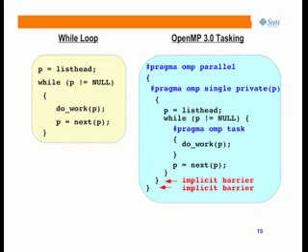That's why we have the single directive, so only one thread is actually doing the traversal, and then each time that thread encounters a valid pointer P, it defines a task of do work on P. So that's going to be a task that's thrown into a task pool, and one of the threads in the team is going to pick that task and execute the work. And the tasks are guaranteed to complete at the implicit barrier here, the first implicit barrier.